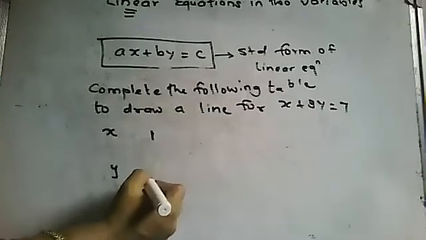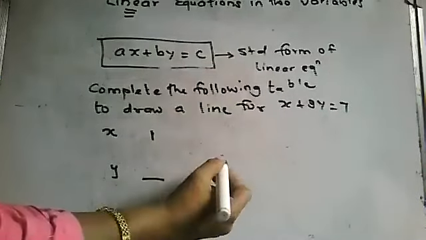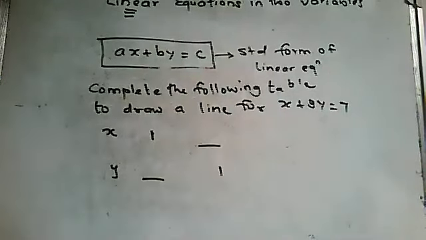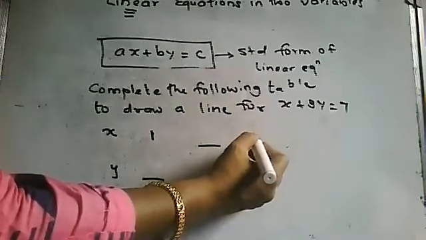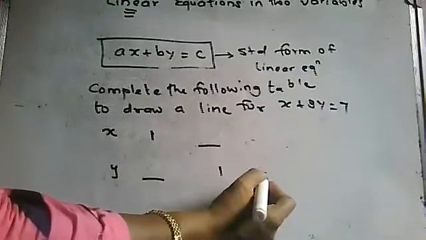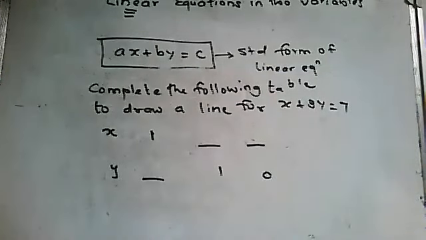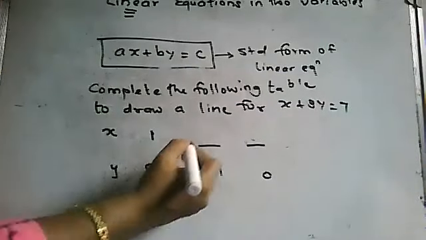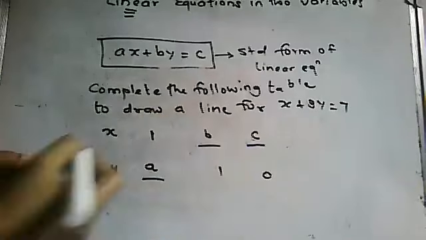Here 1 is given, y is not given. Here 1 is given, x is not given. Or here 0 is given, and this is not given. This is, suppose, a, b and c.